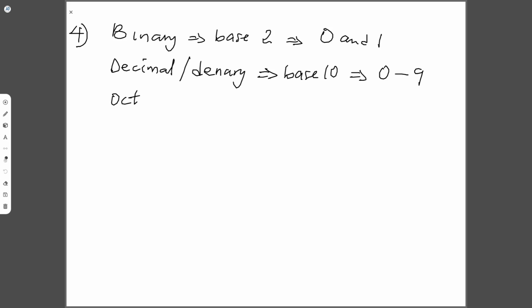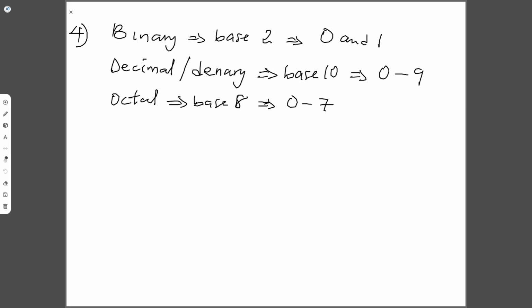We have octal, also known as base 8, and it uses values from 0 to 7. So these are the common bases we have in mathematics. We also have hexadecimal, but for this class, we'll be considering these 3 particular ones, and other bases like base 7, base 3, base 4.